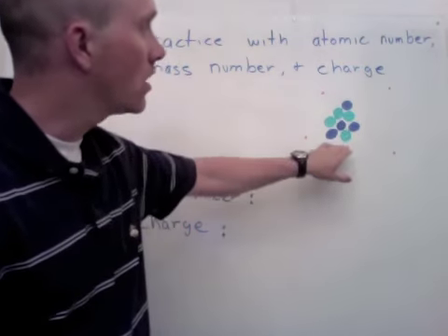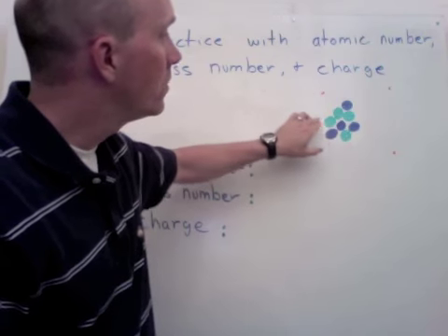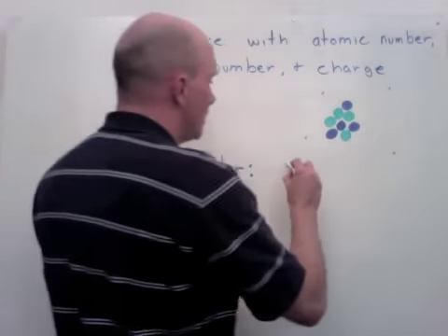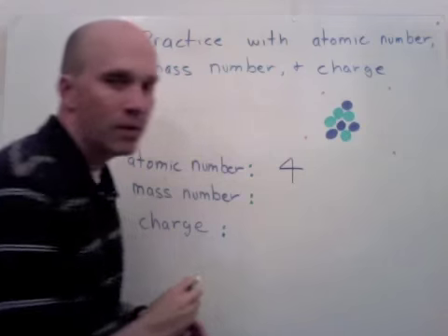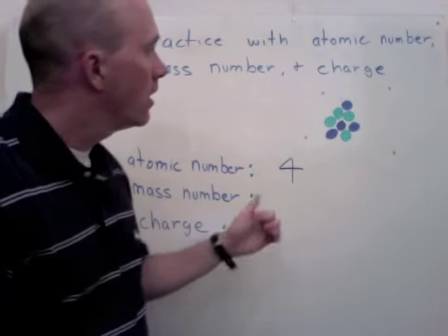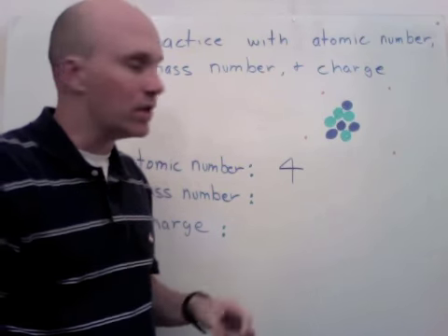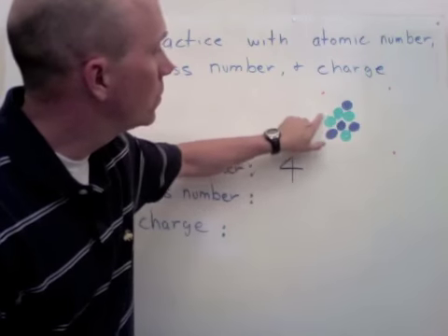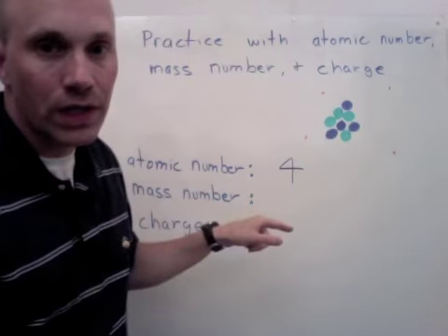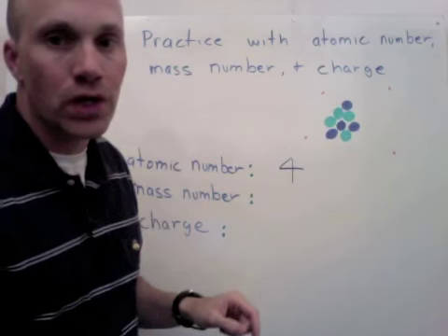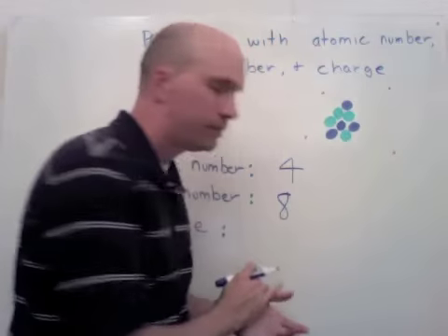Okay, so you're going to look up here and say 1, 2, 3, 4 protons. That means the atomic number is 4. Okay, mass number is the sum of both the protons and the neutrons. So we've got 1, 2, 3, 4 protons plus 1, 2, 3, 4 neutrons. That's a total of 8.